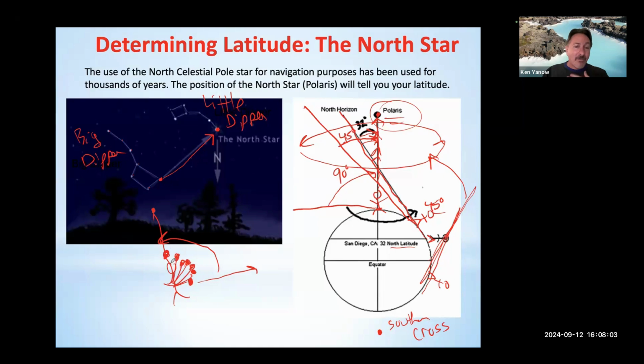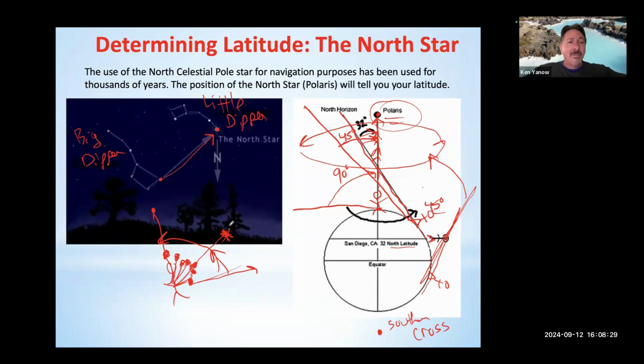Therefore, I know that for me, every fist is about 10 degrees. So if I go outside tonight and find Polaris, it's going to be about 3 fists worth of hand above my horizon. So I can tell immediately that it's about 30 degrees north latitude. Okay? That's how you find your latitude.